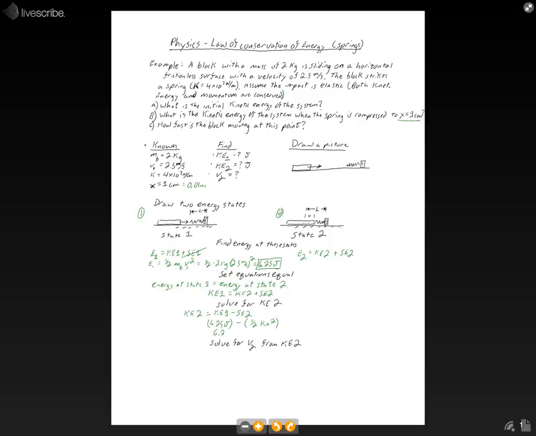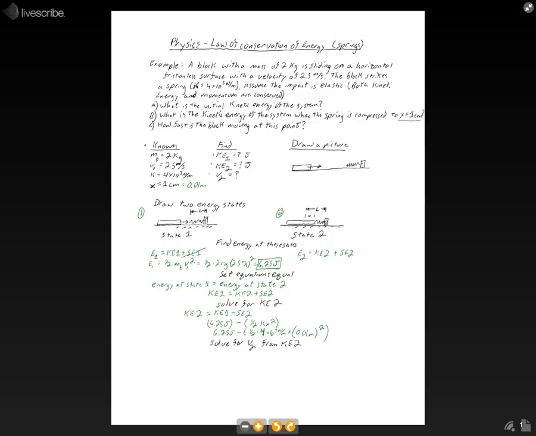So that's going to be 6.25 joules minus 1/2 times 4 times 10 to the 3rd newtons per meter times 0.01 meters squared.